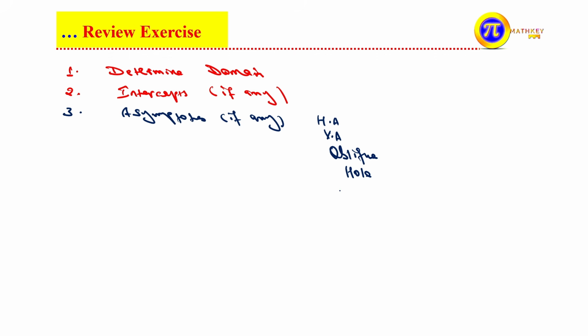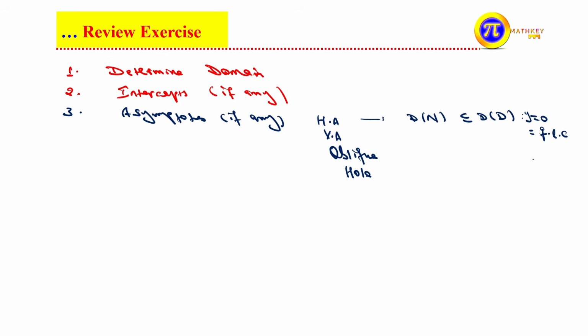Horizontal asymptote: we can find this when the degree of the numerator is less than or equal to the degree of the denominator. If the degree of the numerator is less than the degree of the denominator, the horizontal asymptote is y equals 0. If they are equal, it is the quotient of the leading coefficients, the ratio of them.